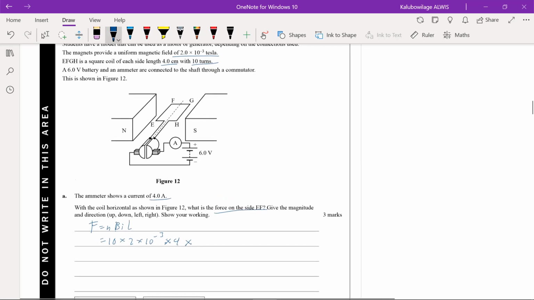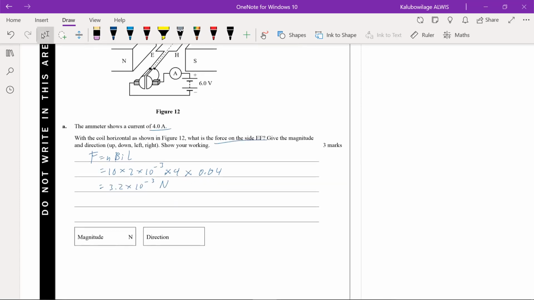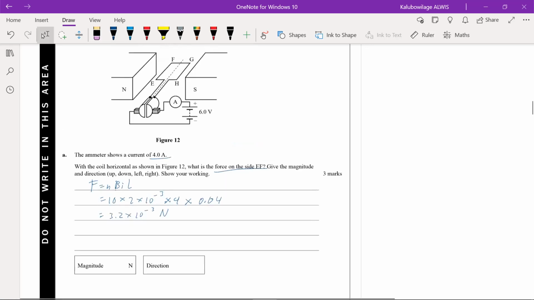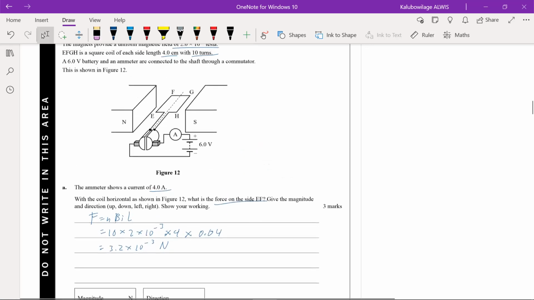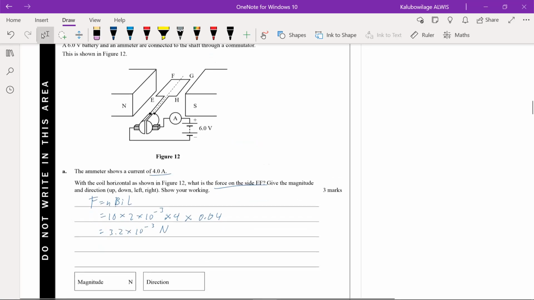Length is in meters, 0.04 meters, which is 3.2 times 10 to the minus 3 newtons. And the direction is by the right hand palm rule, and you get up.